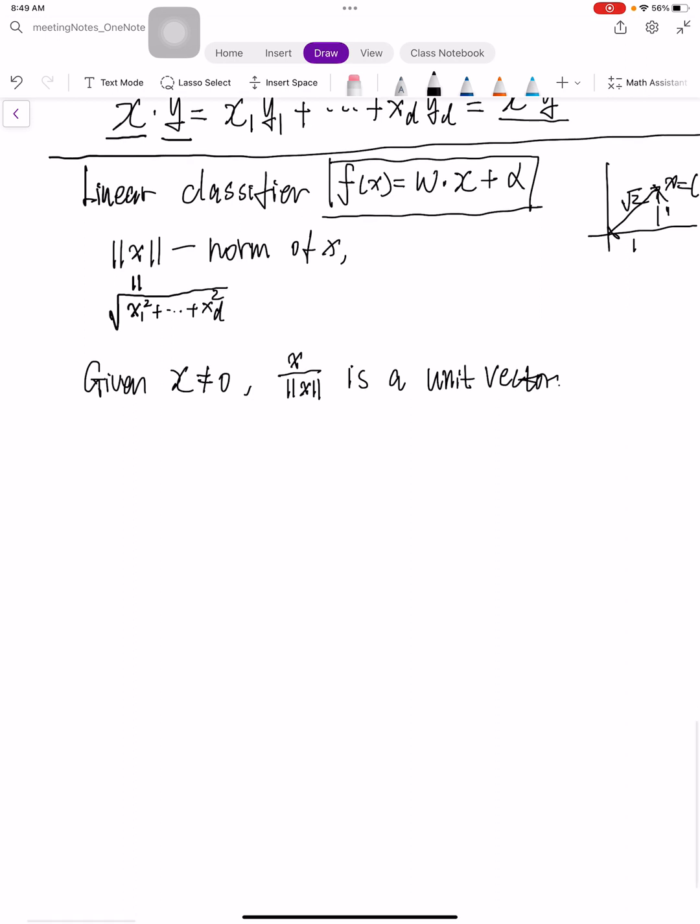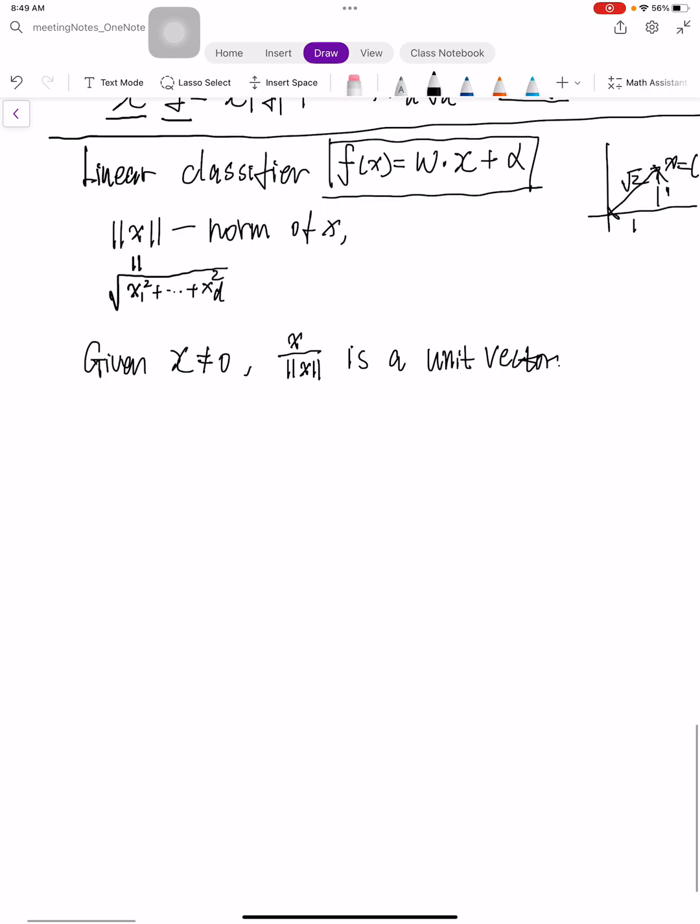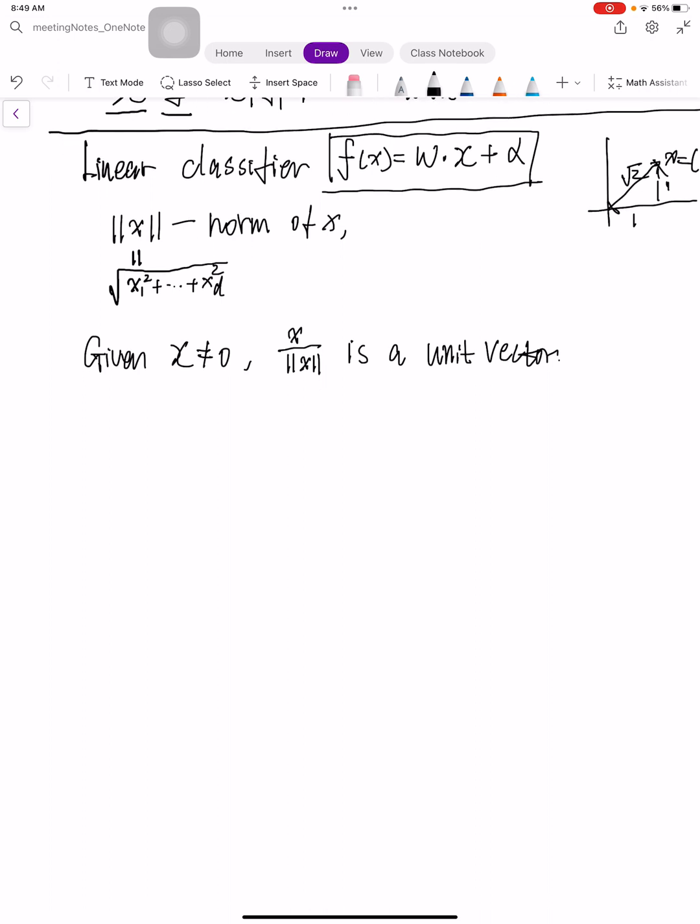And the inner product has some special geometric meaning. If we have the vector x and the vector y, and suppose the angle between these two vectors is denoted by theta, then the relationship with the inner product is cosine.